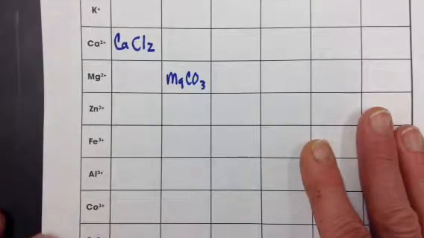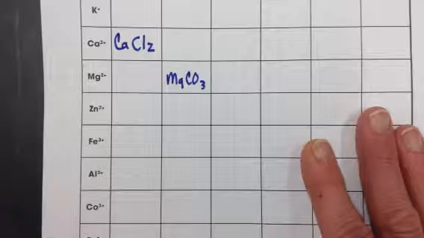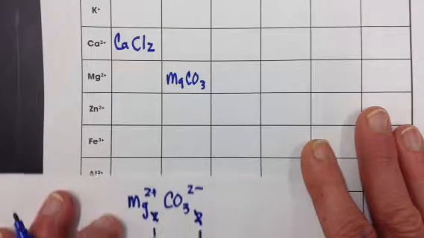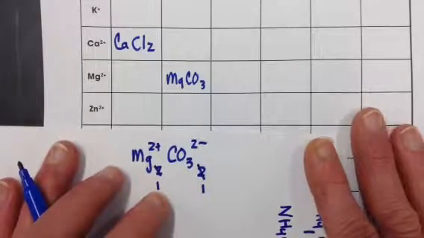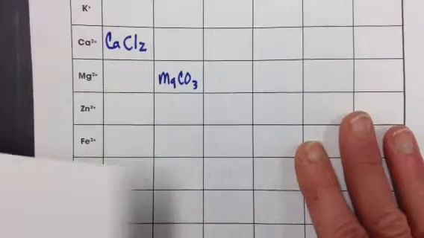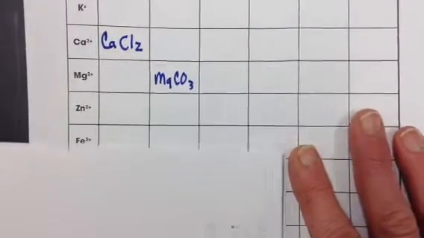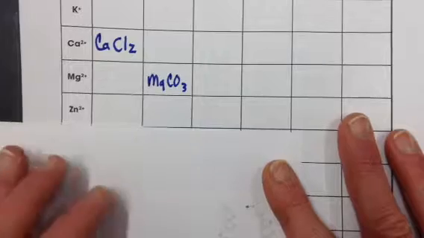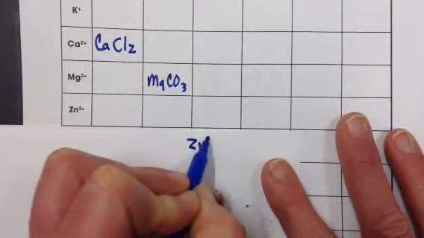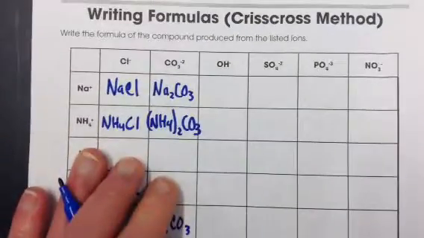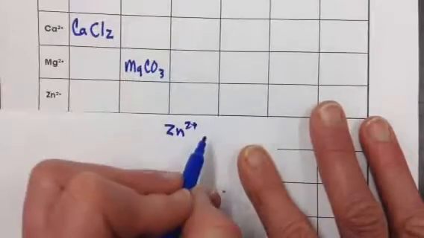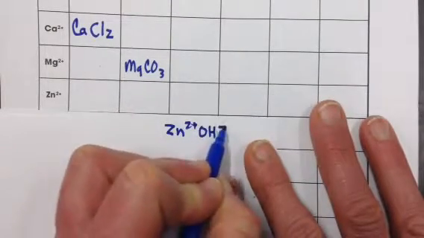Now we'll do the zinc hydroxide. We'll do one last one, and then we'll let you guys finish these on your own. Zinc hydroxide. We're going to write the Zn 2 plus. Hydroxide, OH, that's on your polyatomic ion list. OH negative.